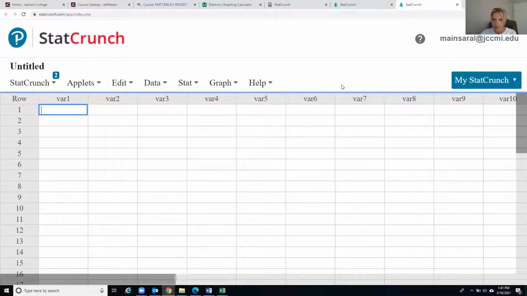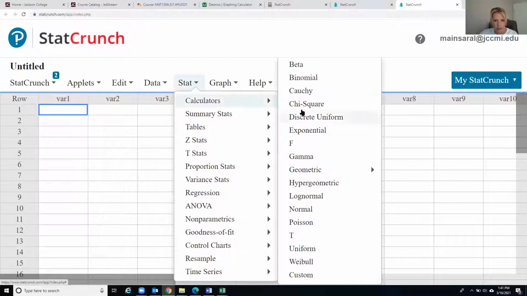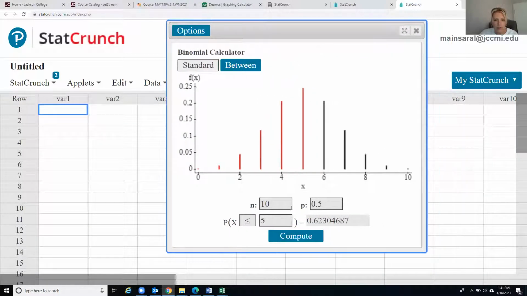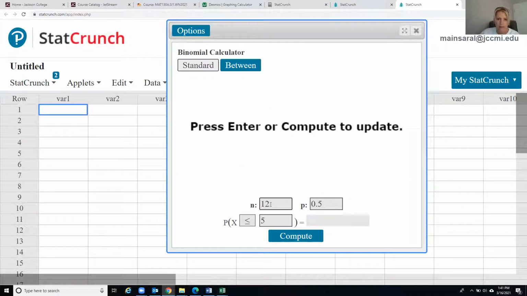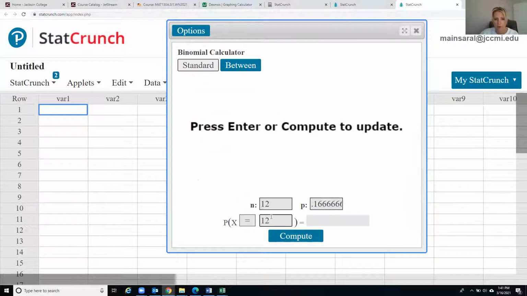So we are in StatCrunch, and we're going to go to Stat, Calculators, and look at the binomial calculator and say, what is the probability that we rolled 12 dice and the likelihood of getting a 5 was 1 out of 6 or 0.16666. And we wanted to know the probability of getting exactly 12 of those. So all 12 of them had to be a 5.